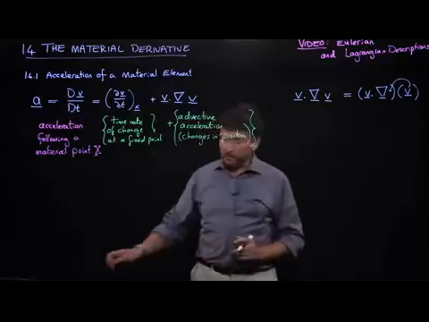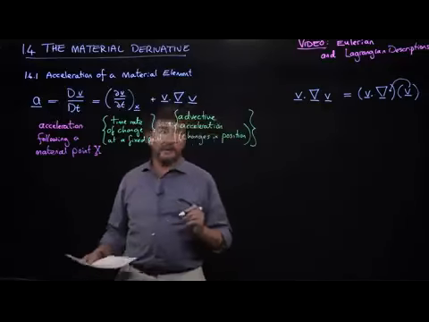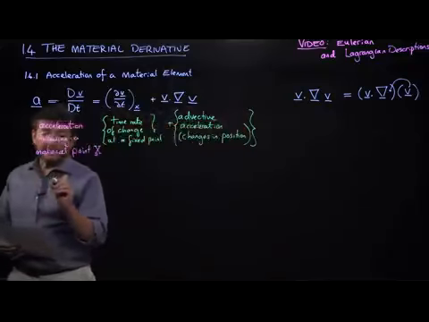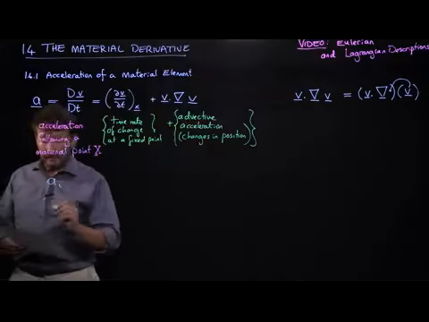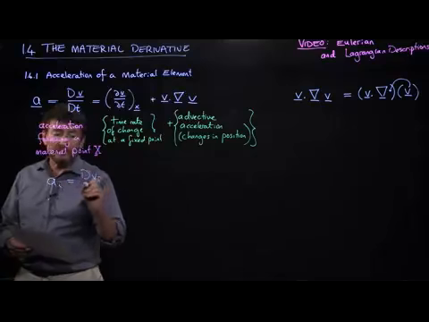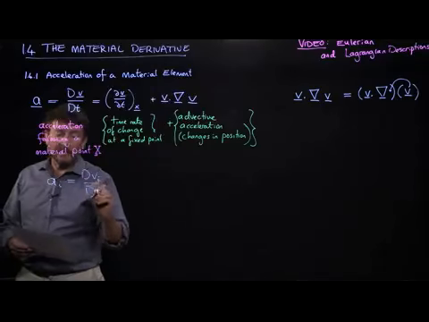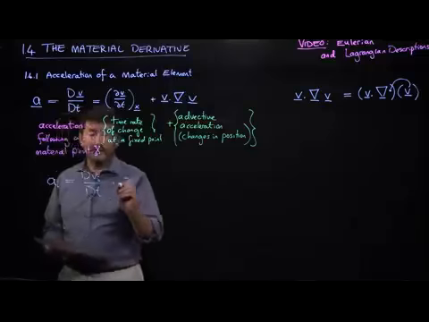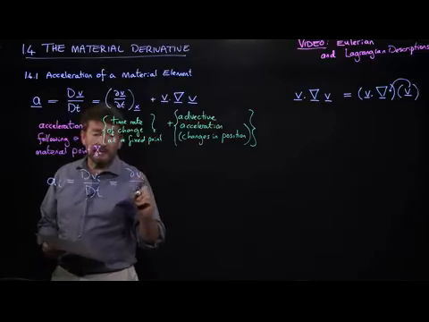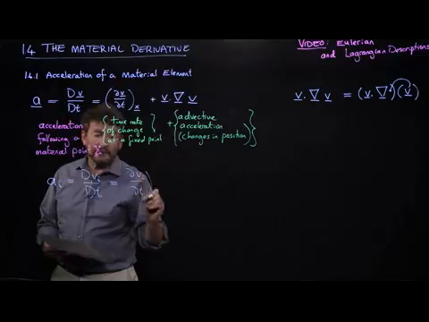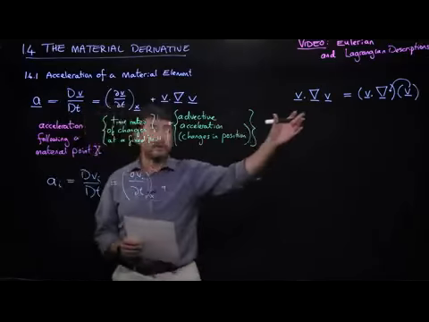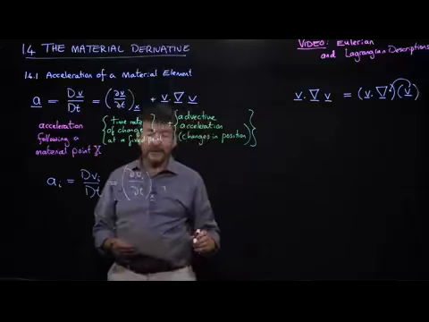And so we'll do that by thinking about this in terms of its individual components. So maybe we'll write this out for a component, say the acceleration a_i, which is the time rate of change following a material element of a component v_i. And so we'll have to take this quantity, dv_i by dt, at a fixed position in space. And then we're going to have to take this operator and evaluate that.